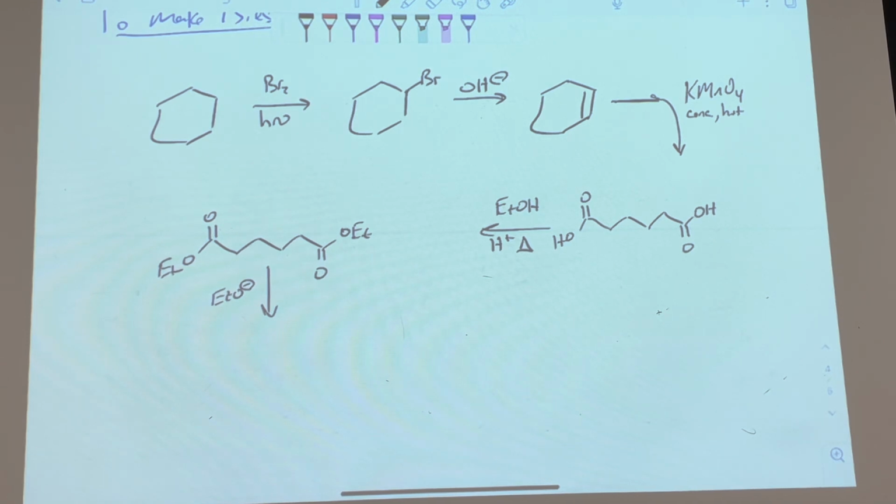Okay, so for this one, the ethoxide is going to deprotonate. And that's going to generate an enolate, which would wrap around and attack the other ester carbonyl. And again, I'm just going to number this 1, 2, 3, 4, 5, 6.